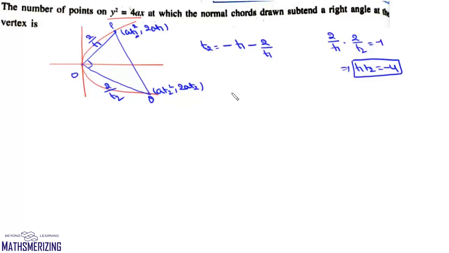So we can write this equation as t1 t2 equals minus t1 square minus 2. Now t1 into t2 is minus 4, so we can write t1 square equals 2. So the value of t1 is plus or minus root 2. So the number of points at which normal chords drawn subtend a right angle at the vertex is simply 2.